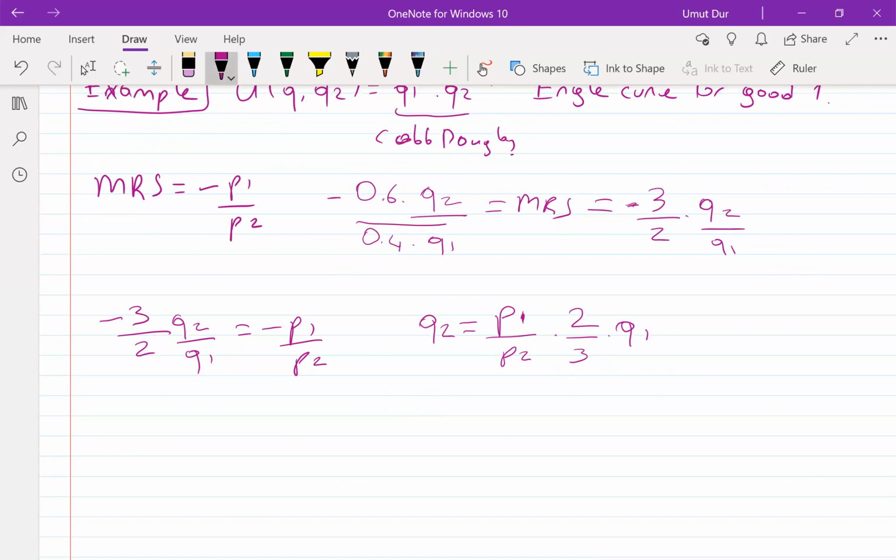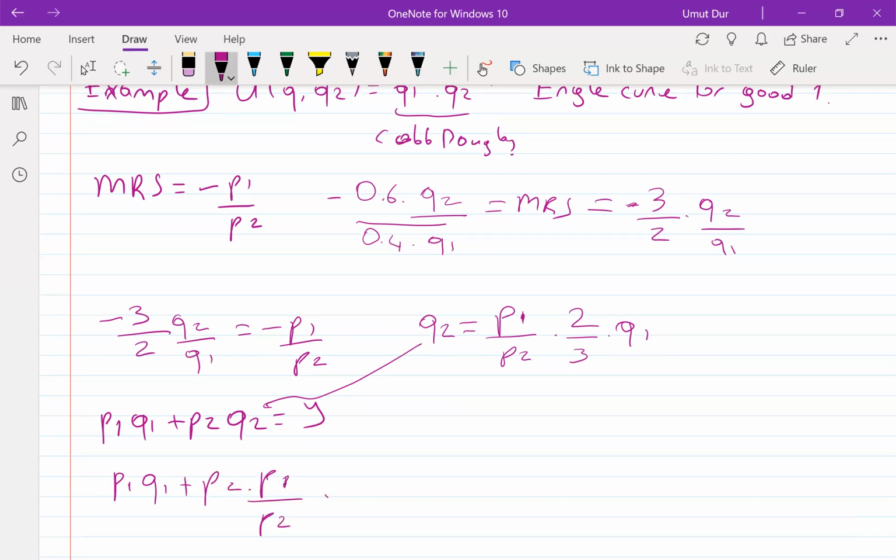If I plug this value into the budget constraint, I have P1 times Q1 plus P2 times P1 over P2 times 2 over 3 times Q1 is equal to Y, and P2 will cancel each other here.